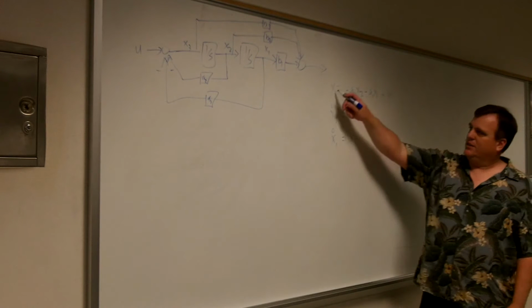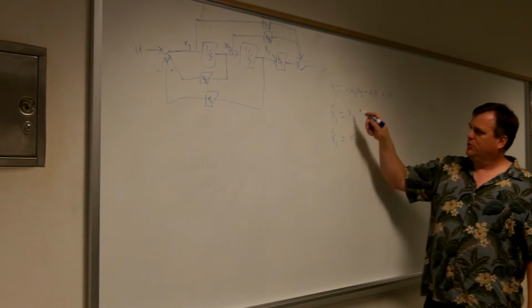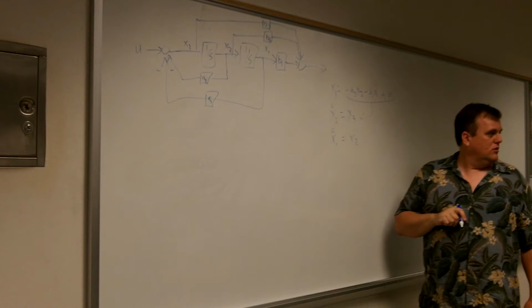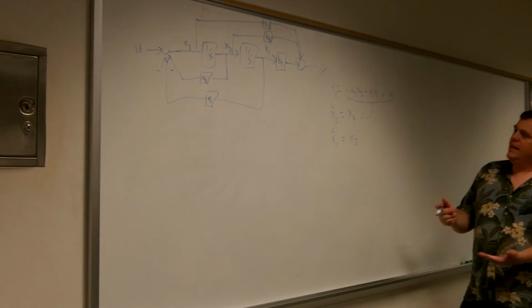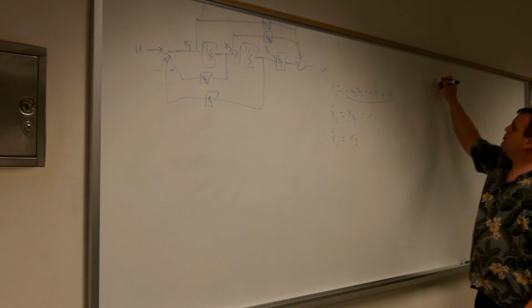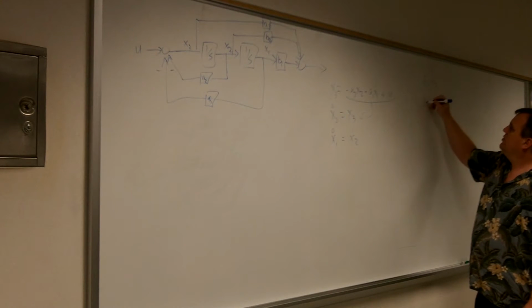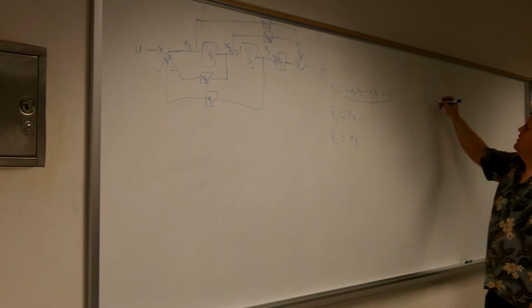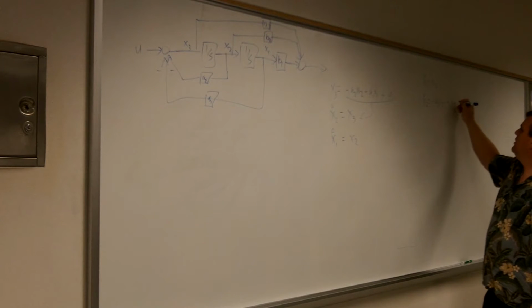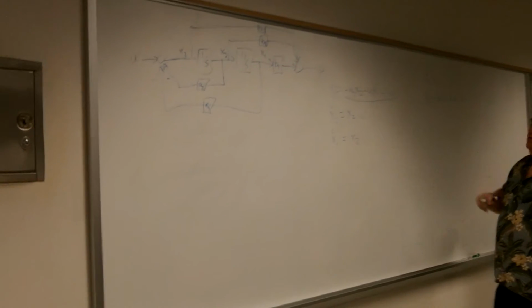Because if you think about it, this is just x3, I could just substitute this in. And what I would then have is a nice little differential equation: x1 dot equals x2, x2 dot equals minus a2 x2 minus a1 x1 plus u.